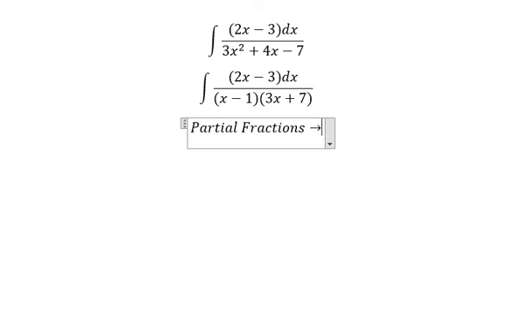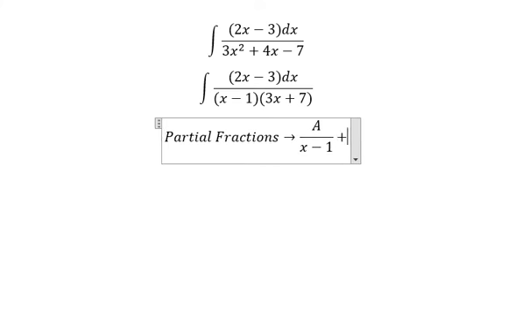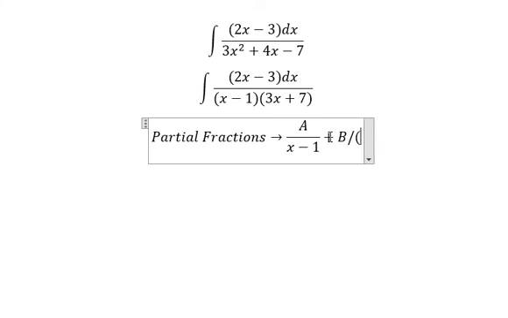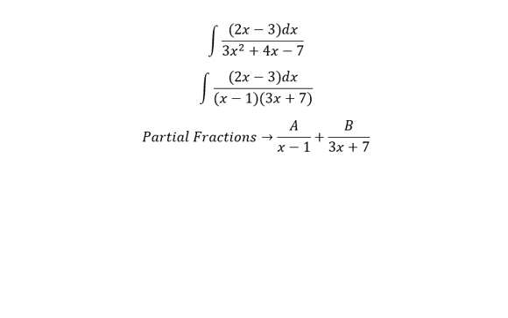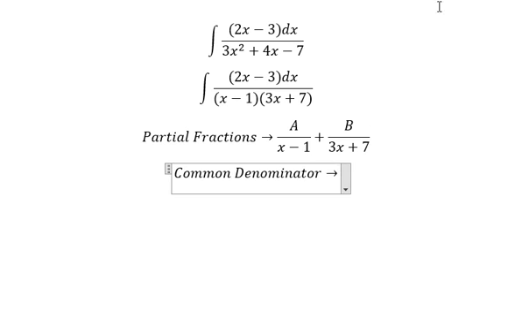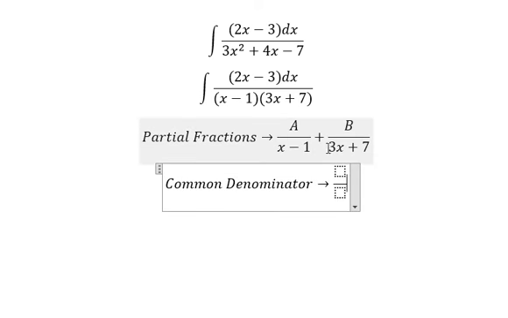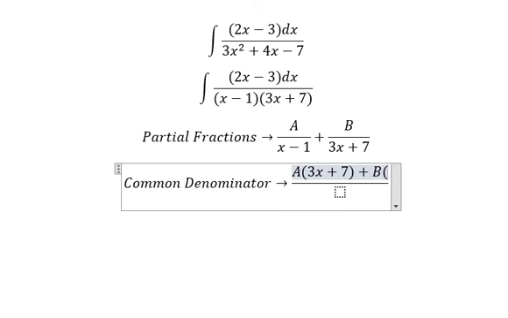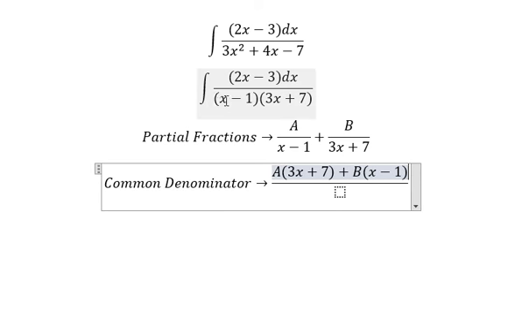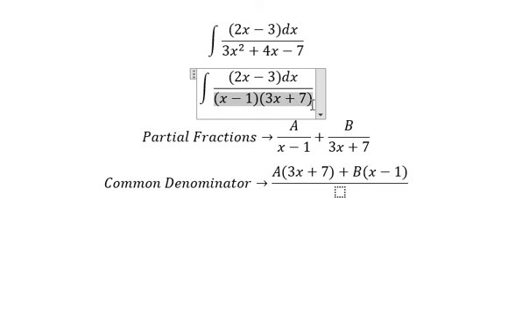So I will put capital A over s minus 1, capital B over 3s plus 7. Now we need to do common denominator. So we have capital A multiplied by 3s plus 7, capital B multiplied by s minus 1. So the denominator we have the same.